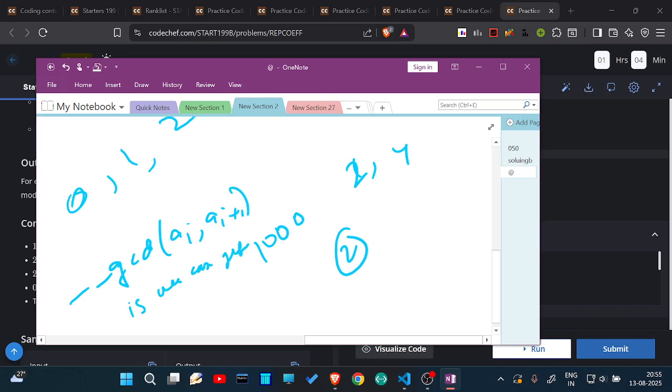Okay, fine. So when you keep on taking GCDs, if it gave us the solve for the problem, we have a very simple number of subarrays, number of arrays that we can get. So let's understand with the example.